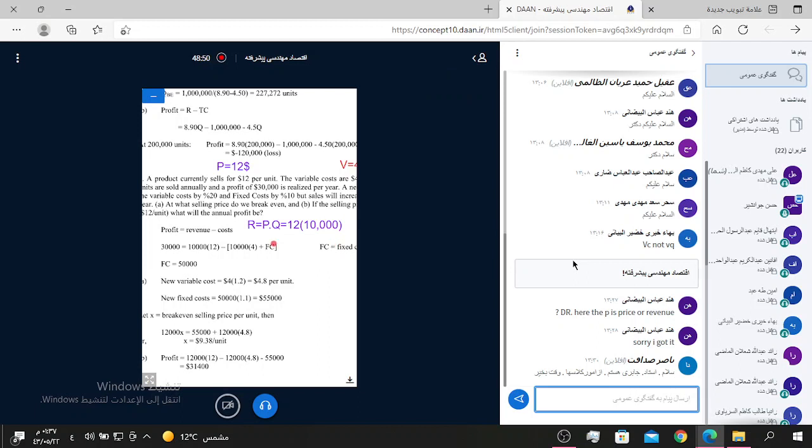Total cost is variable cost plus FC. Variable cost per unit is $4.